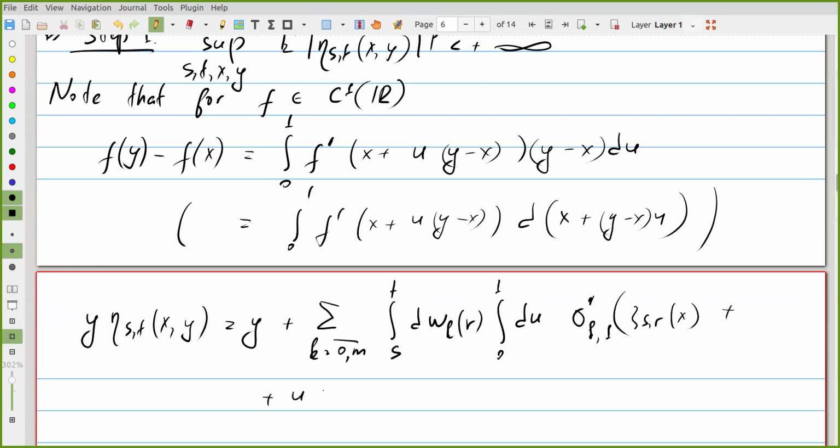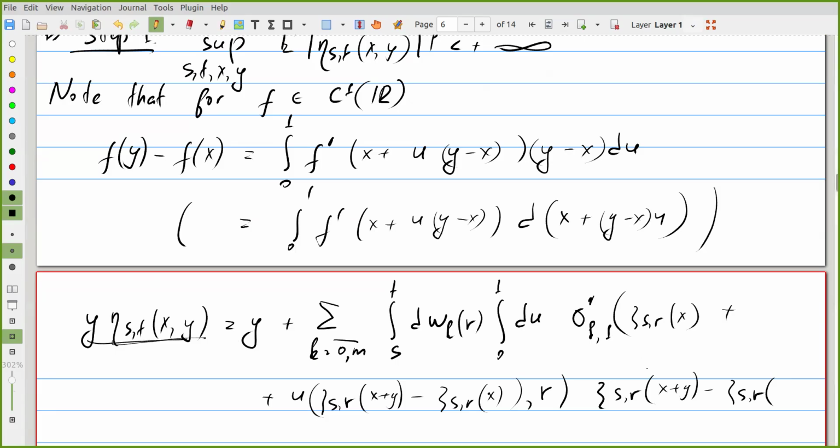Plus u_{s,r}(x + y) minus psi_{s,r}(x), comma r, psi_{s,r}(x + y). Because this is the difference, this is just the difference of two solutions.